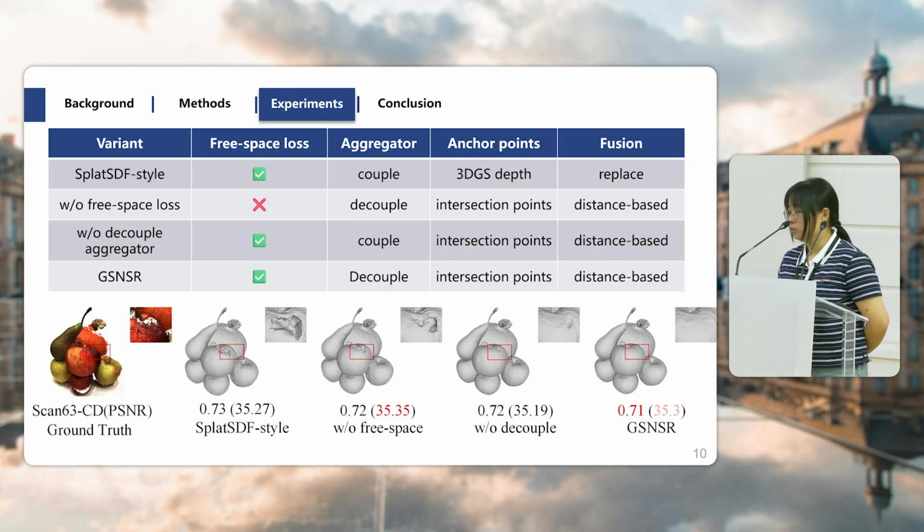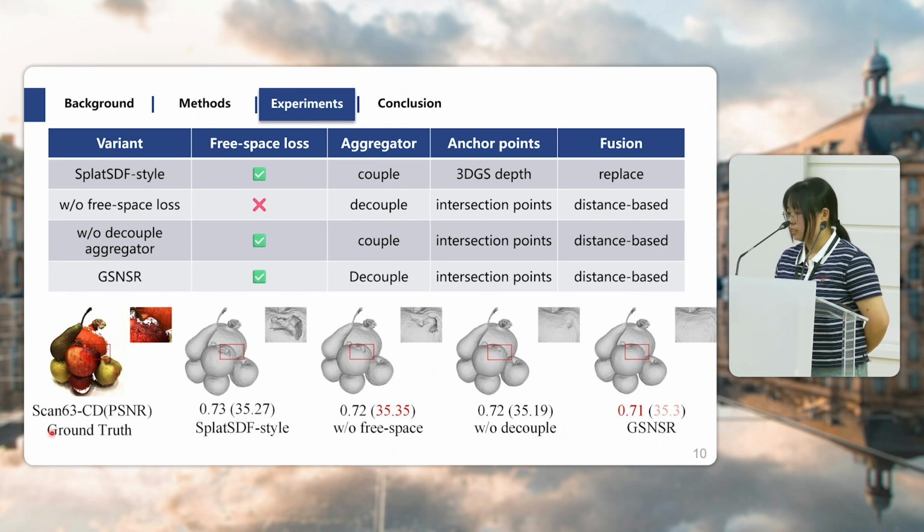It uses a coupled aggregator that bundles 4 3D GS attributes into one set of features, takes 3D GS steps as the anchor, and uses replacement fusion. The variant without free space loss keeps the GSNSR network design and only drops the free space loss. The variant without decoupled aggregator switches to a coupled aggregator.